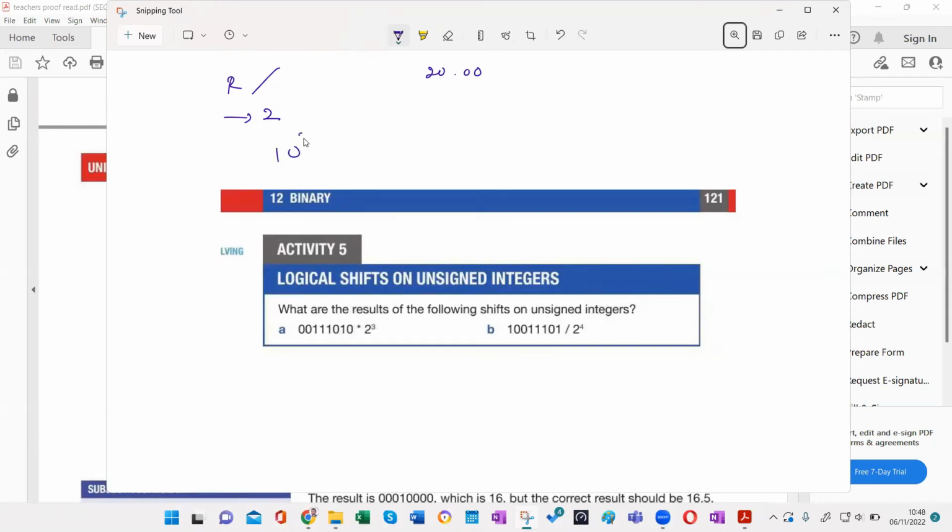Should be divided by 10 to the power 2, or multiplied by 1 over 10 to the power 2. It should be the exact opposite. Right, it should be divided by 10 to the power 2. In other words, it should be divided by 100.